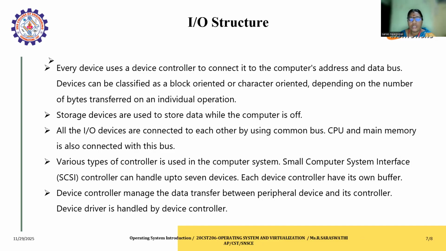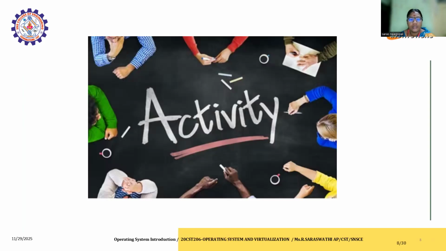Various types of controllers are used: SCSI controller, bus controller. SCSI is the Small Computer System Interface controller. It handles up to only 7 devices. Each device controller has its own buffer to manage the data transfer between the peripheral devices and its controller.